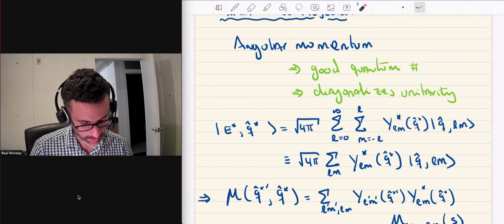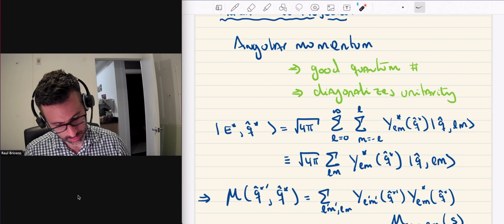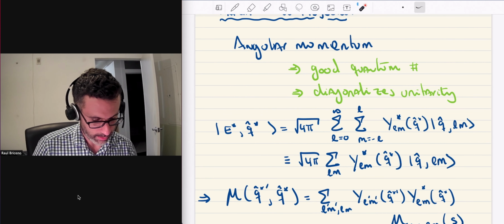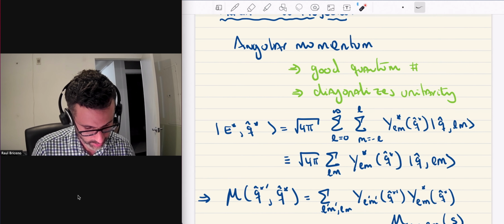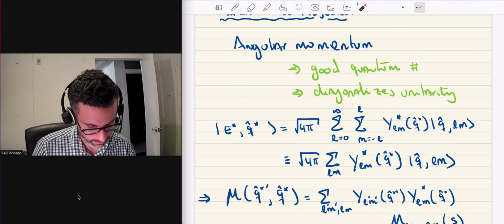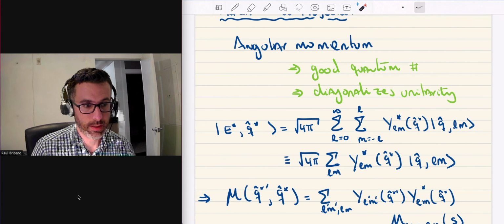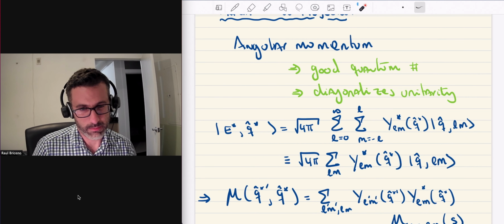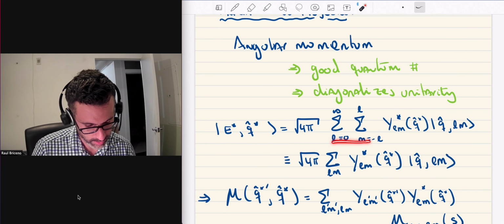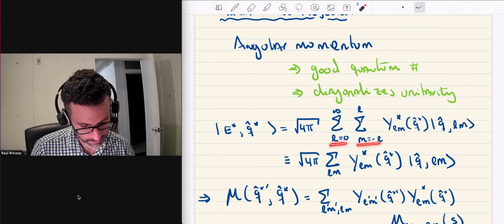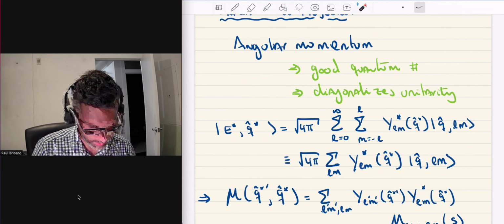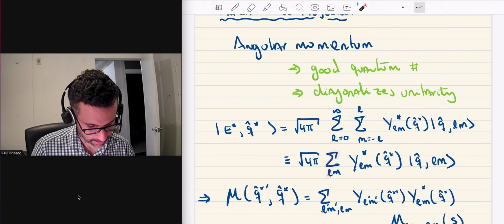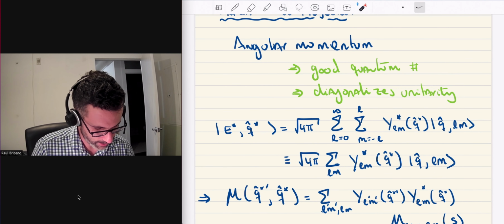Our partial wave projecting wave function is just the spherical harmonics, which are being summed from L equals 0 to infinity, and then M_L is going from negative L to plus L. This is very cumbersome, and I'm very lazy, so instead of having two sums with some specific initial and final constraints, I'm just going to collapse this into a single sum with limits that are undefined.